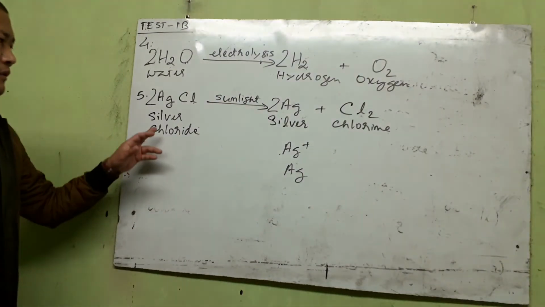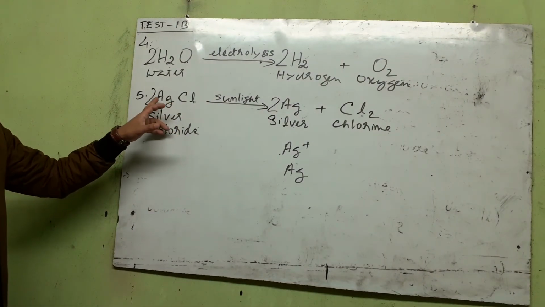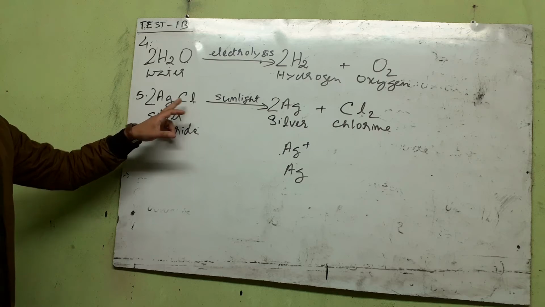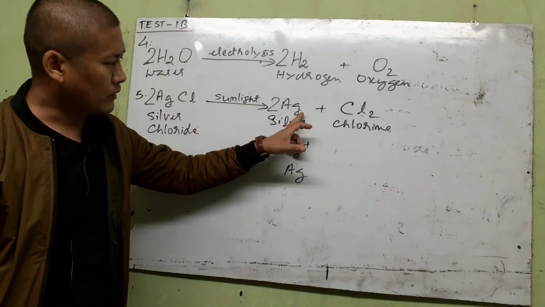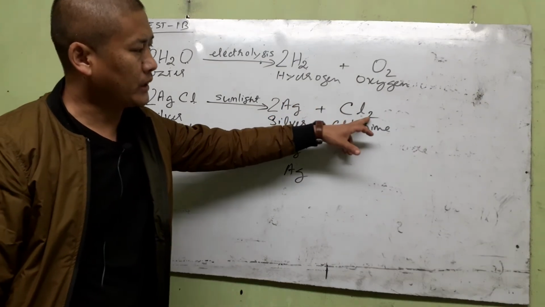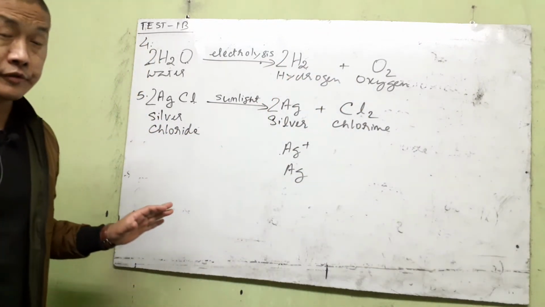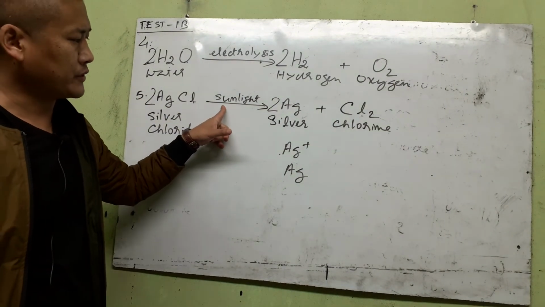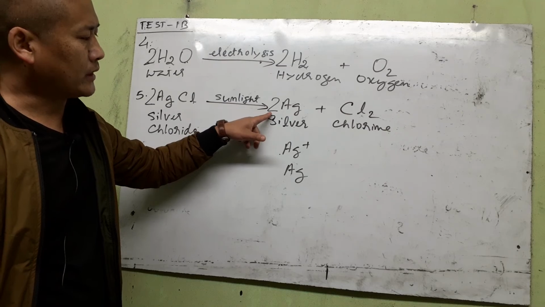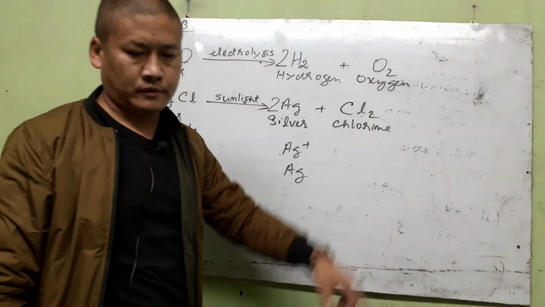At the back of silver chloride, 2 atoms make silver chloride, so molecule; at the back of silver, 2 atoms, so atom. I'll read the equation: 2 molecules of silver chloride on exposure to sunlight decomposes into 2 atoms of silver and 1 molecule of chlorine.